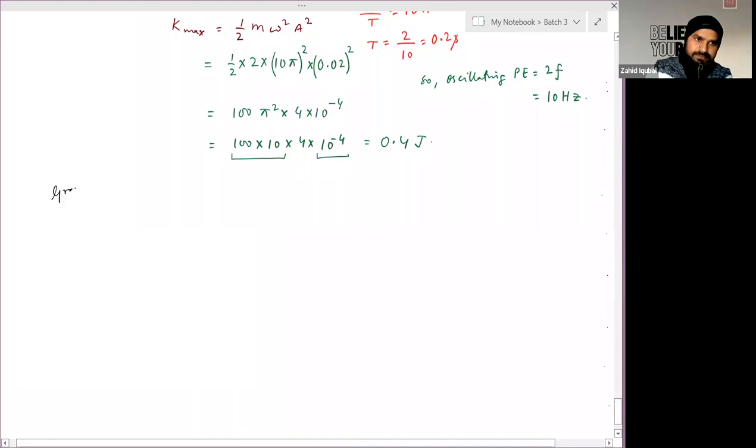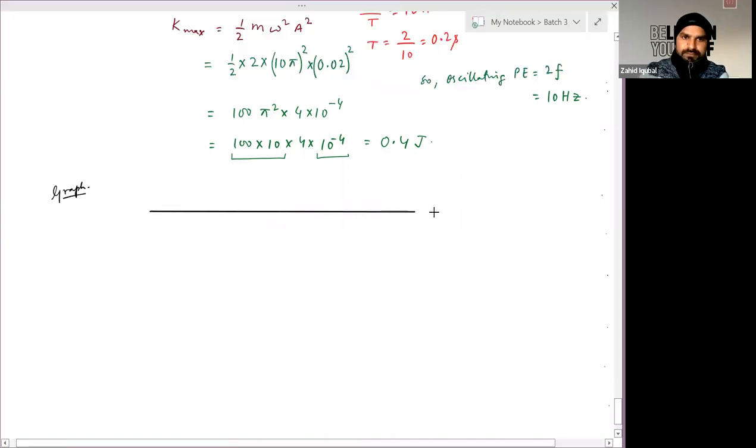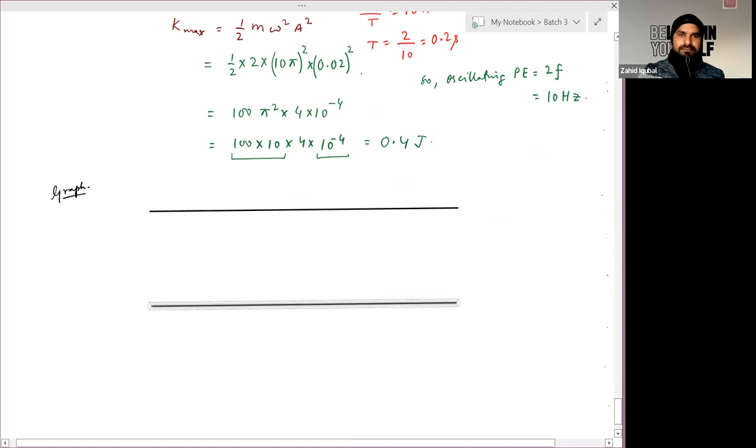So next is the graph of variation of these different quantities. This is energy versus displacement.